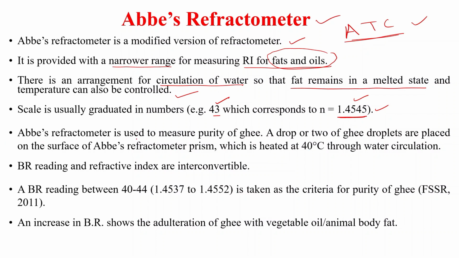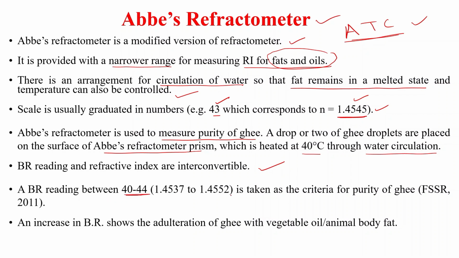So a refractometer is used to measure the purity of ghee. Mostly it is used for that. A drop or two of ghee is placed on the surface of the refractometer prism, which is heated to 40 degrees Celsius through water circulation. Now BR reading and refractive index are interconvertible, and FSSAI has given a standard BR reading for ghee of 40 to 44.